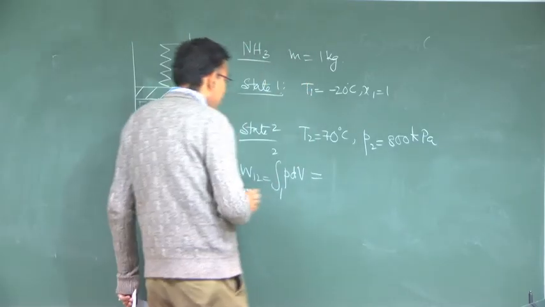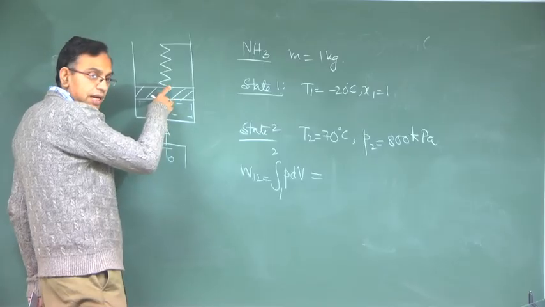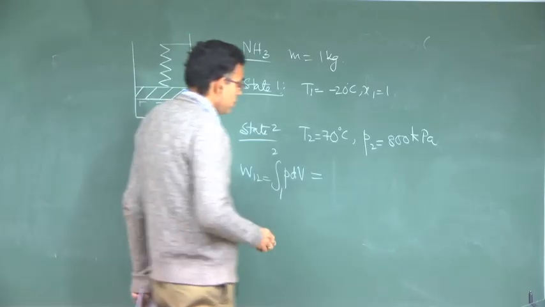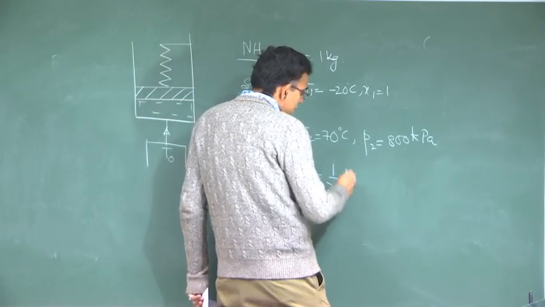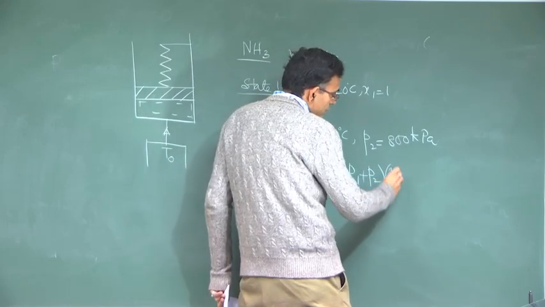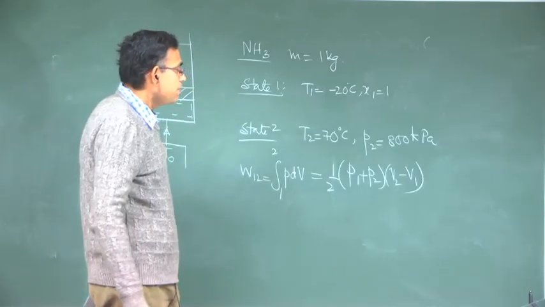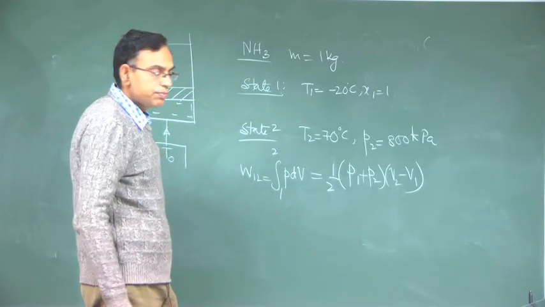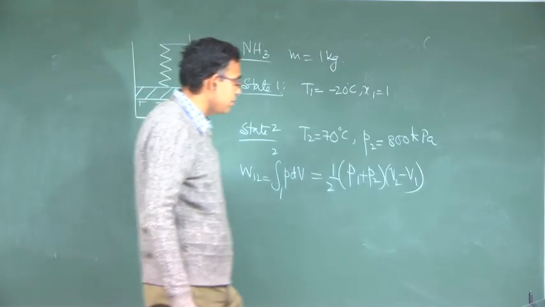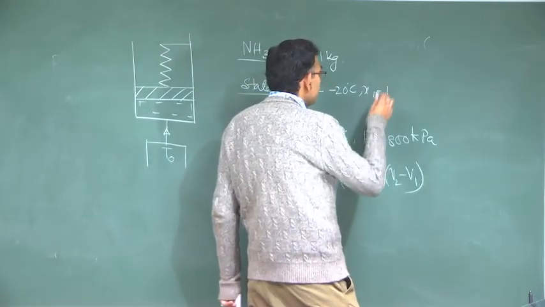Pressure versus volume will be linear because the spring that is resisting is linear. We have done such problems so many times that I can straight away write the expression for the work done. Integral P dV for linear pressure volume diagram will be half P1 plus P2 into V2 minus V1.